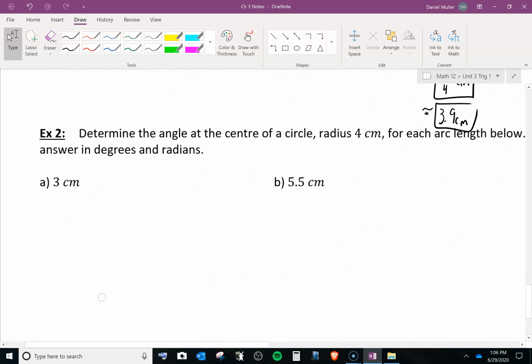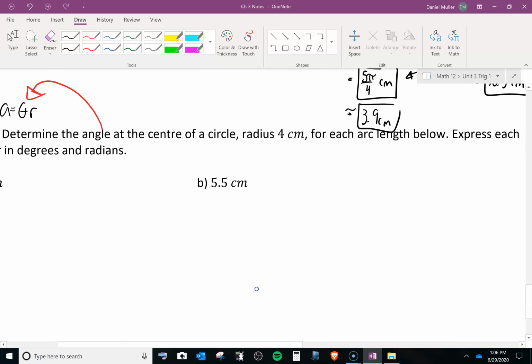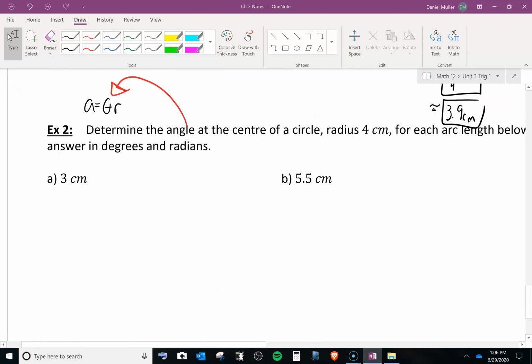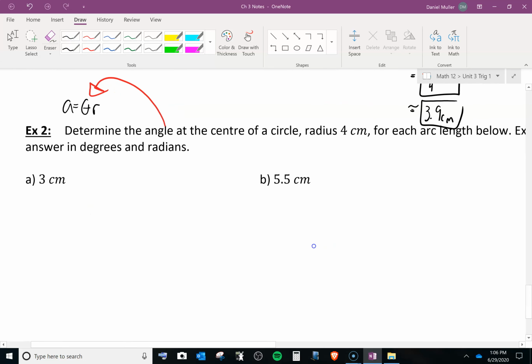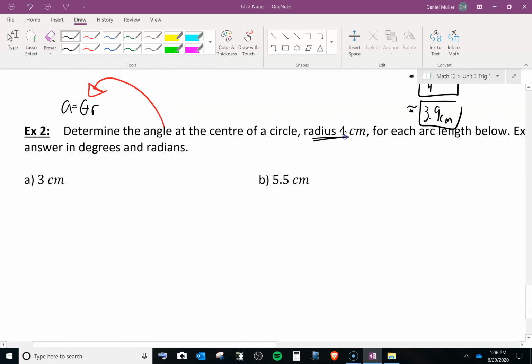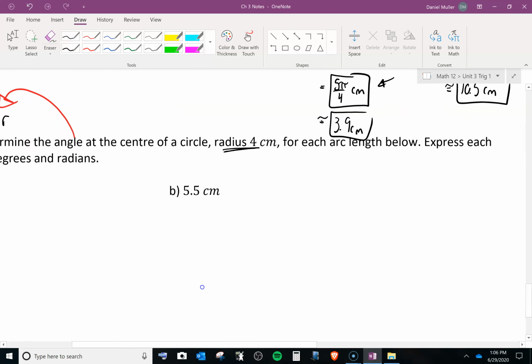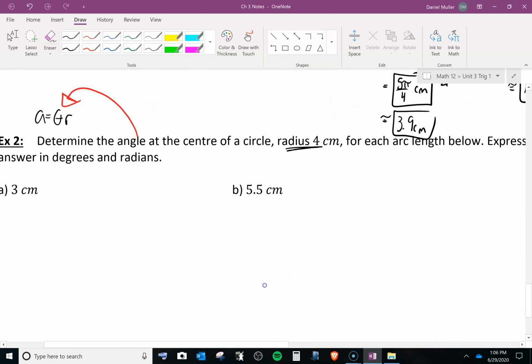Determine the angle. So that means if you have A equals theta r, determine the angle is there. And they want our answer in degrees and in radians. So it tells you that the radius is 4, and it says to determine the angle.